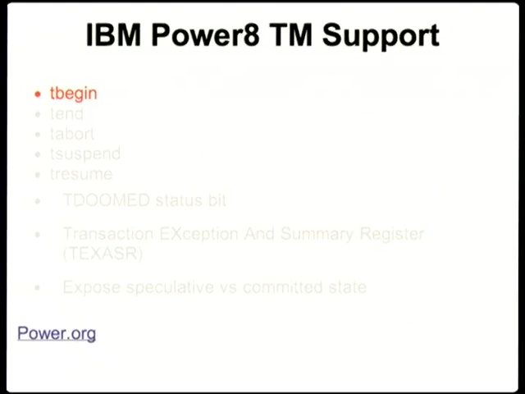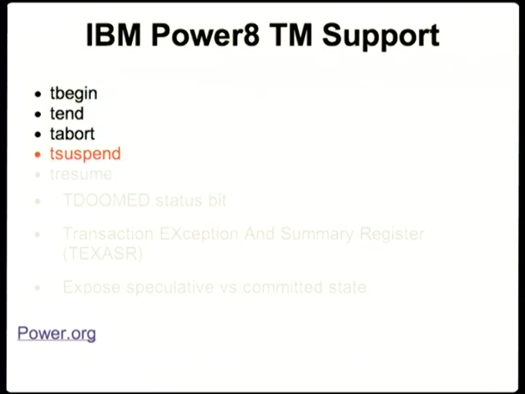Power 8 at IBM typically does more extensive architecting than other people do of many things. So they've added tbegin, tend, tabort. They also added tsuspend and tresume. Those give you access both to the registers' committed state and the registers' speculative state.